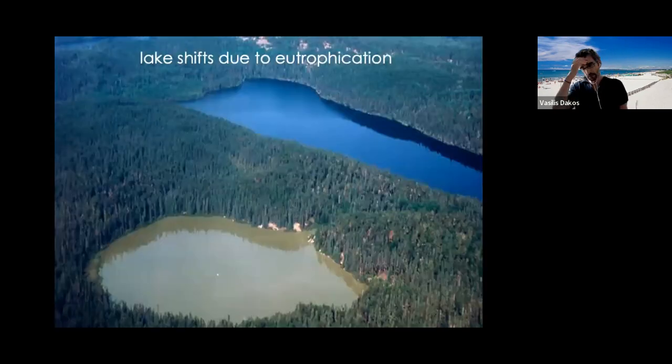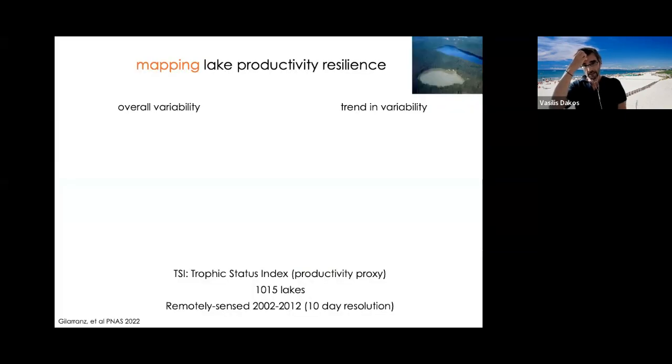So I'll talk about a project that we did looking at lakes. Here we used, again, remote sensing data, but now we look at lakes whose dynamics we know a bit more in depth, and we looked at their trophic status index.